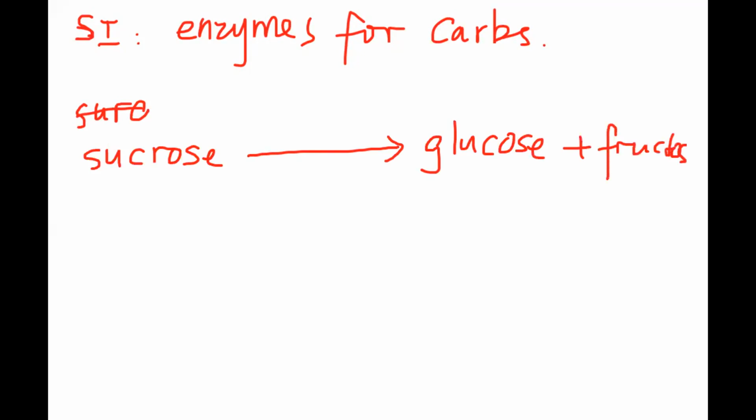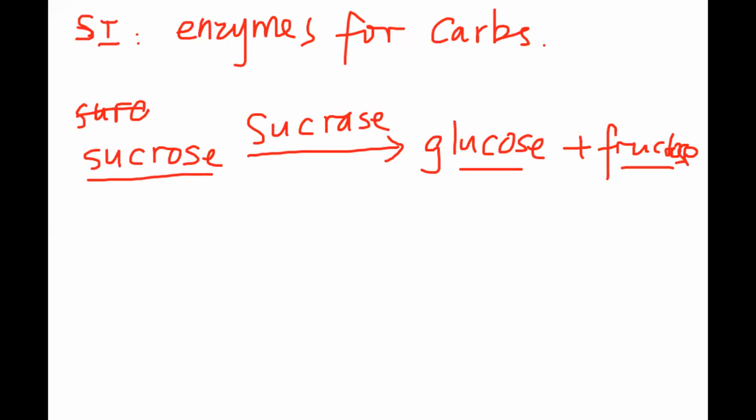I hope you learned this in chemistry. These two are simple sugars, okay? When they combine together, they make a sucrose molecule, which is your table sugar. So the enzyme that breaks down sucrose into these two simple sugars is called sucrase. This is the enzyme from small intestine, okay?